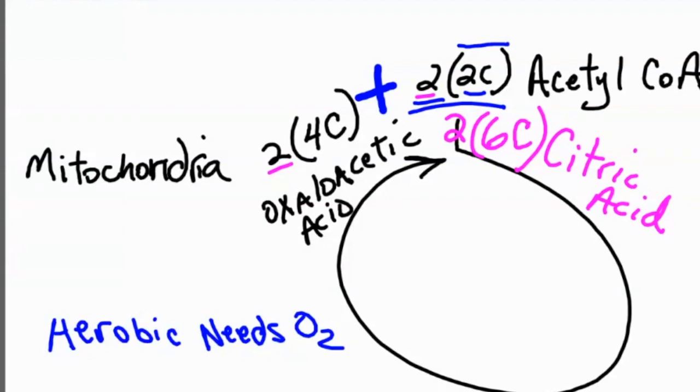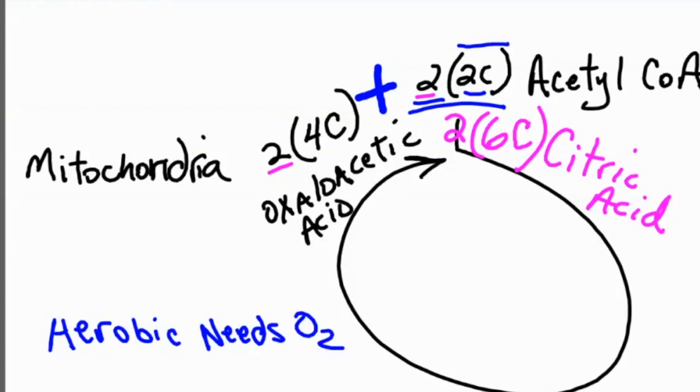This is, remember, just what happens. As we break down the sugar and get it smaller, and we got it to a 2-carbon piece, when it goes into the mitochondria, and by the way, this thing's called the Krebs cycle, what those 2-carbon molecules do is they are going to join a 4-carbon molecule that's already there. And it's going to create a brand new 6-carbon molecule that they chose to name citric acid.